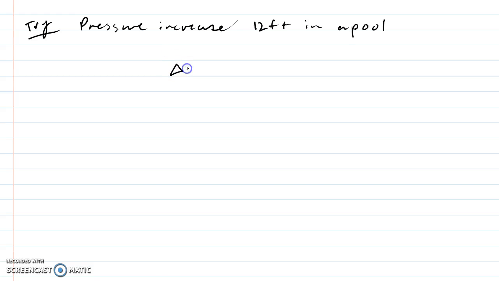Okay, so change in pressure equals the initial pressure plus rho GH. So we're only looking at the change, which means I'm going to get rid of the pressure at the top of the pool, and I'm simply going to do the change in pressure equals the density times GH.